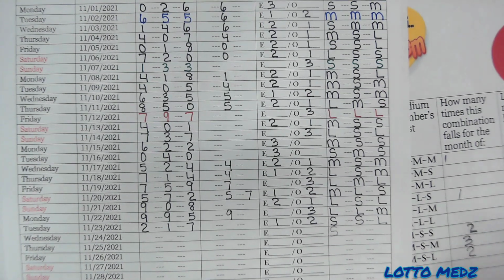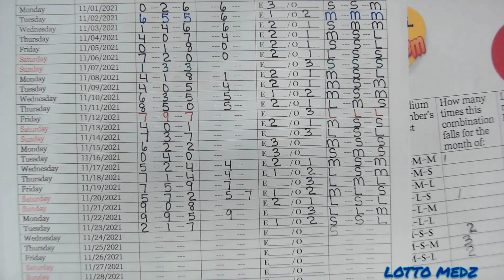And again, this is just a tutorial video. It's a prediction. It is not guaranteed that this is going to be the combination. This is just learning-based content where I can help you figure out your next possible number that you want to play when you're ready to play.